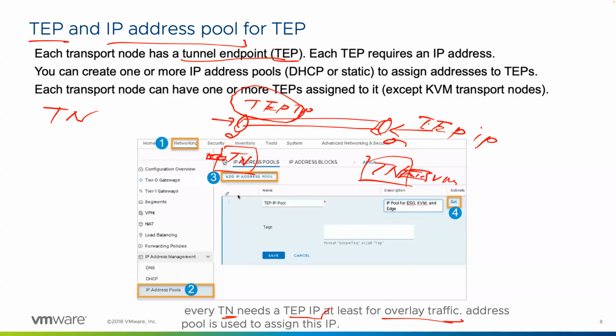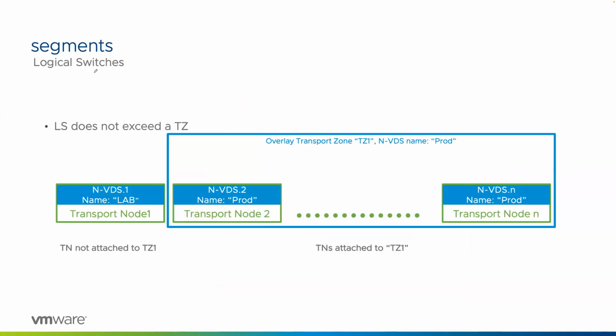That means this TN has to have a TEP IP, and this TN also has a TEP IP, to form a channel to transmit the traffic through the tunnel. That's the TEP and IP address pool configuration.